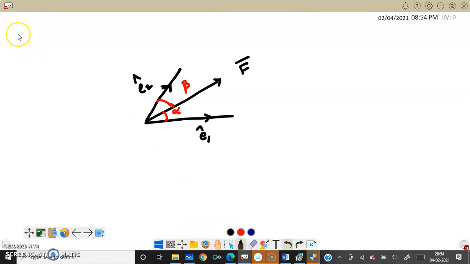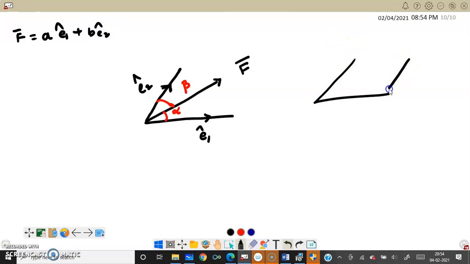F can be written as some constant times E1 direction plus some force in the E2 direction, whose resultant is our capital F. Therefore, F can be written as A into E1 cap plus B into E2 cap. So this is very much similar to our previous diagram, right?